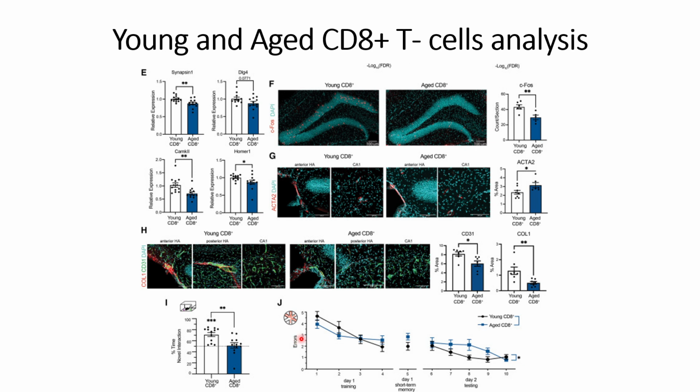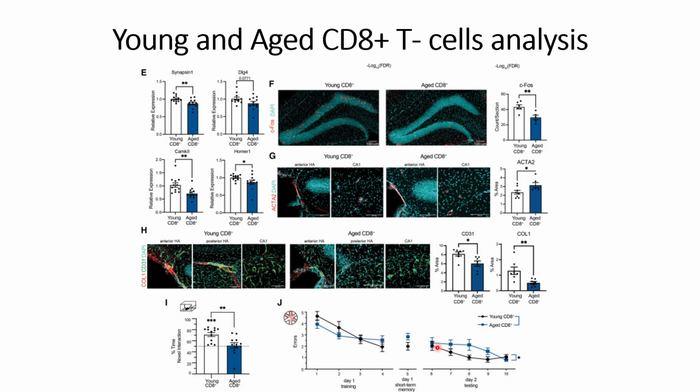where the first 4 days belong to the training, in which both groups perform at almost the same efficiency. On day one, short-term memory testing is done, in which we can see that the aged CD8 plus T cells group has slightly more errors. Afterwards, day 2 testing is started from 6 to 10 days.